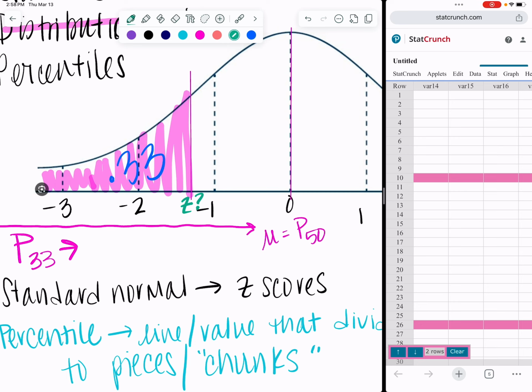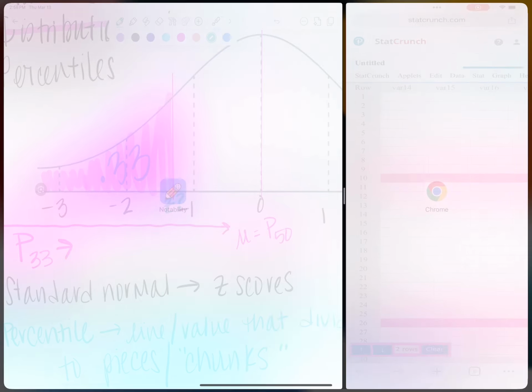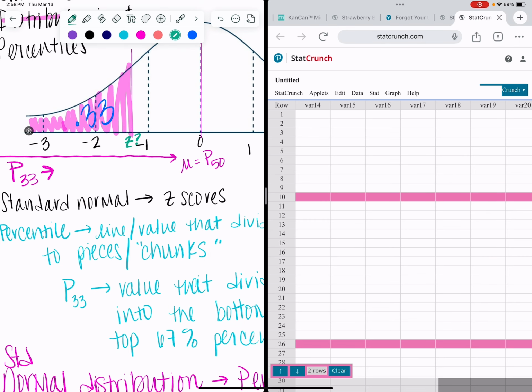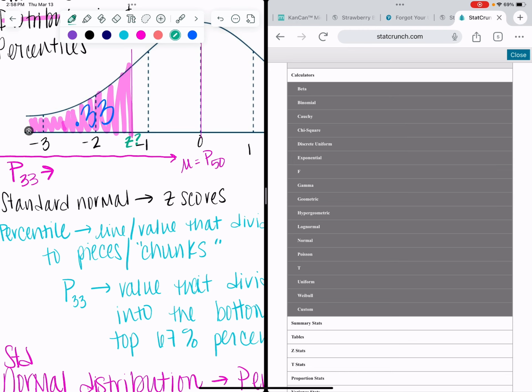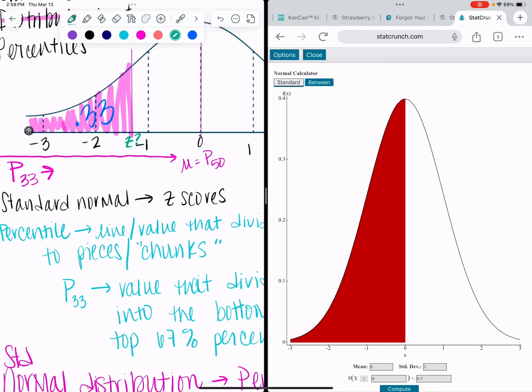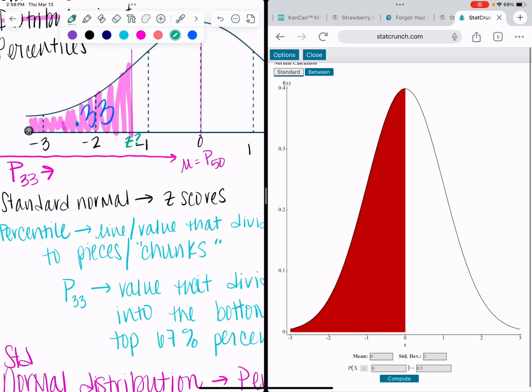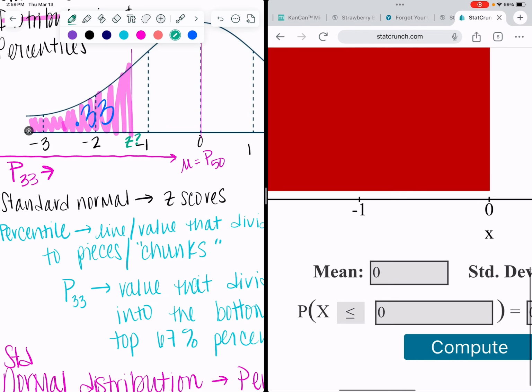That is a StatCrunch problem. So I'm going to slide my StatCrunch over, and I'm going to go to Stat and Calculator. I'm doing a standard normal distribution, so I'm going to choose normal. My mean is 0, standard deviation is 1. Now I can't change the x to a z.